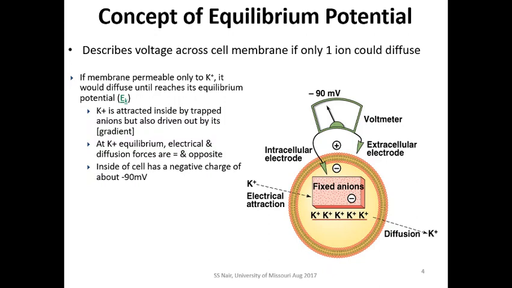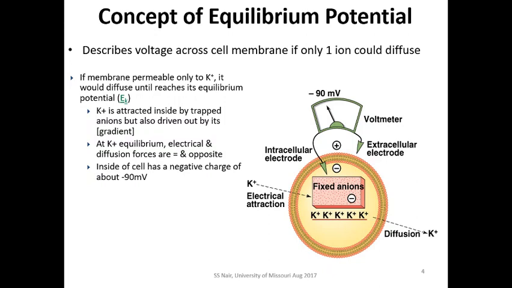Then let's consider the concept of an equilibrium potential. If you go in and record the potential difference across the cell membrane, you will find a number like minus 90 millivolts, meaning the inside is more negative compared to the outside.